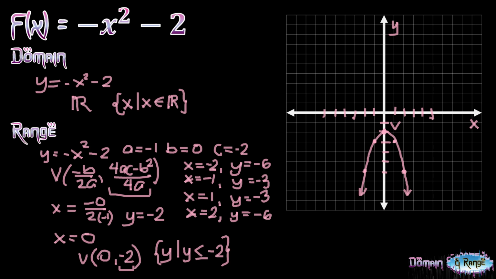But for our range, we have here all values of y less than or equal to negative 2. Look at our graph. All the values of y starting from here and going down. So this value of y here also has specific points on our graph. This y here, as this moves further, we also have values of y here, with the assumption that our graph is correct. But the value of y will not reach this here, because the graph will only open in that direction.